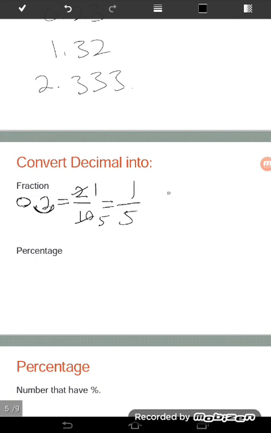Another example, 0.25. Here there are 2 decimal places, so it is 25 over 100. Simplify and you will have 1 over 4. Another example, 0.5.